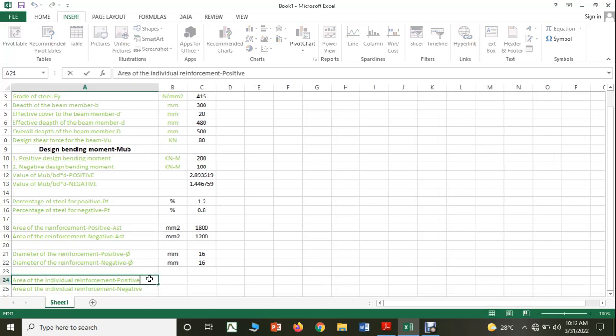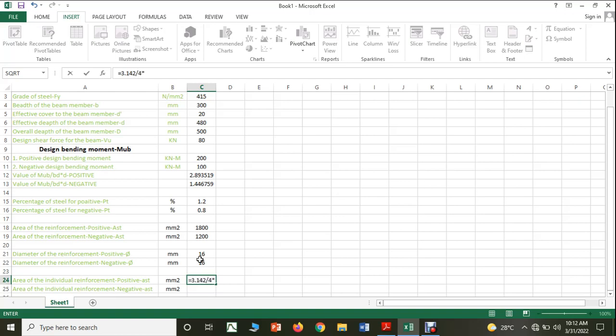Here again I can write it as small a st. Here also a st. That will be mm square. For that, it is nothing but 3.142 by 4 into 16 into 16.